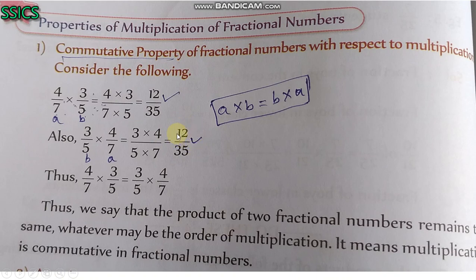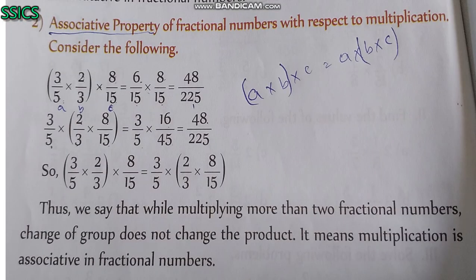So we conclude that A into B is equal to B into A. So multiplication of fractions satisfies the commutative property. Students, next we move on to another property.